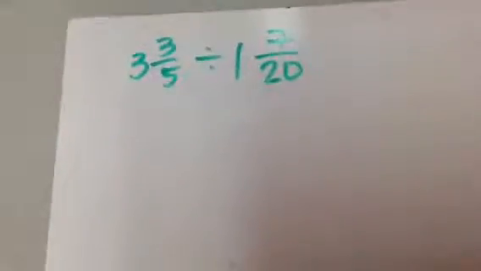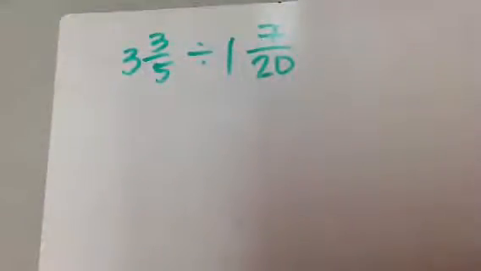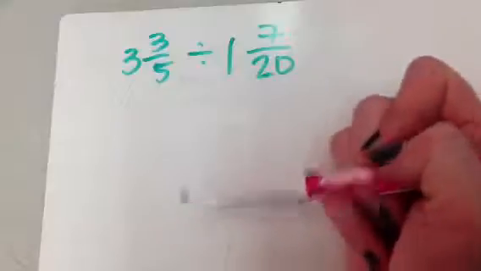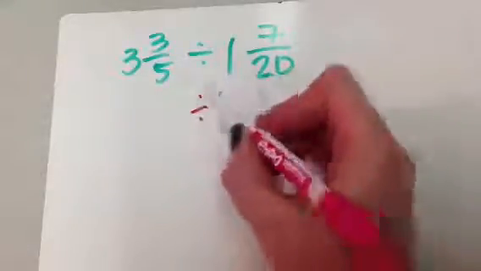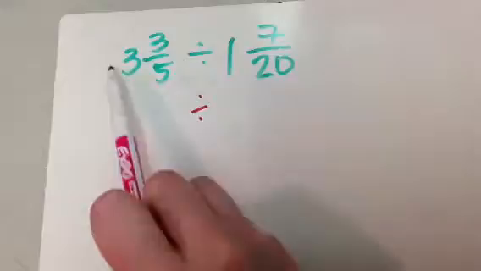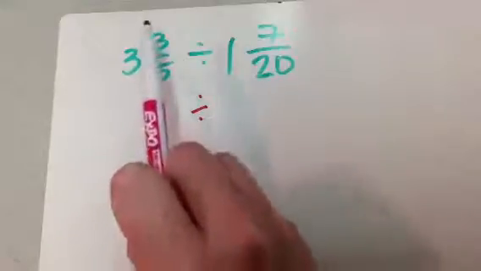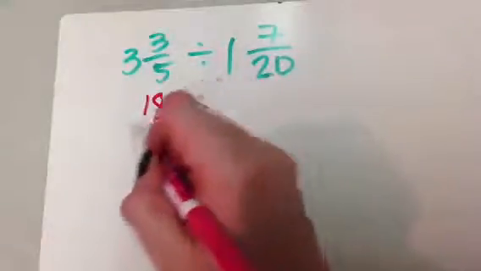Let's look at another example, because sometimes this step gets a little bit crazy. So here I have 3 3/5, and I'm dividing it by 1 7/20. Okay, so the first step that I'm going to do is to convert both of these mixed numbers to improper fractions, leaving my division sign in the middle. 3 times 5 is 15, plus 3 is 18.